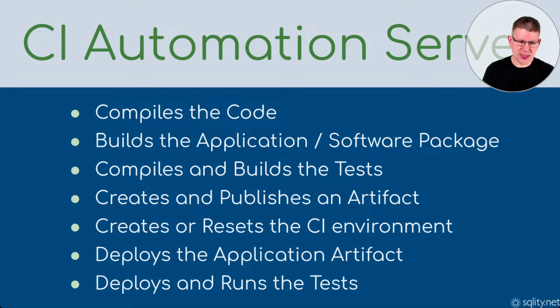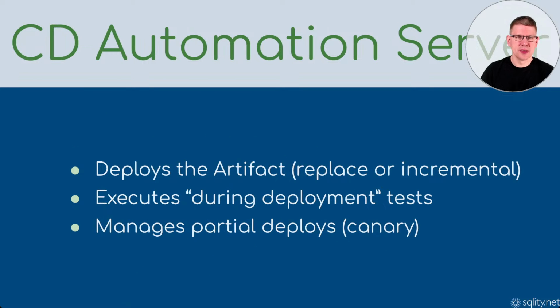And there are several CI servers on the market. You can also look at CD servers, continuous deployment servers. They have significantly less things to worry about, but what they execute is quite different.